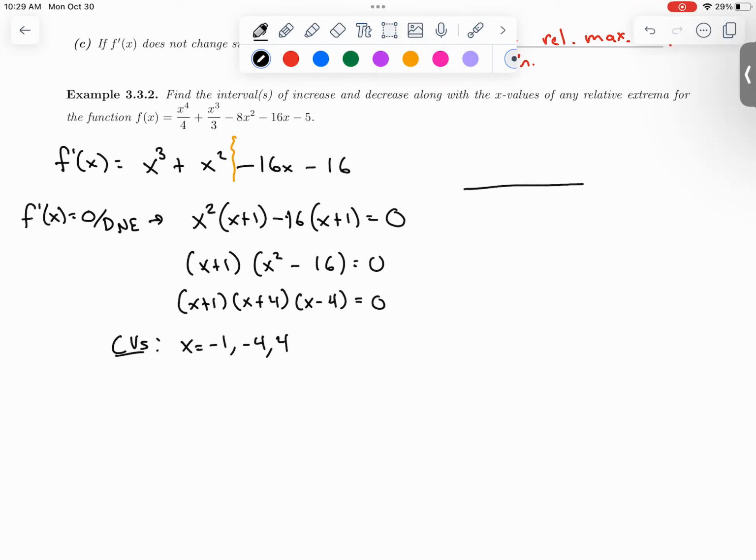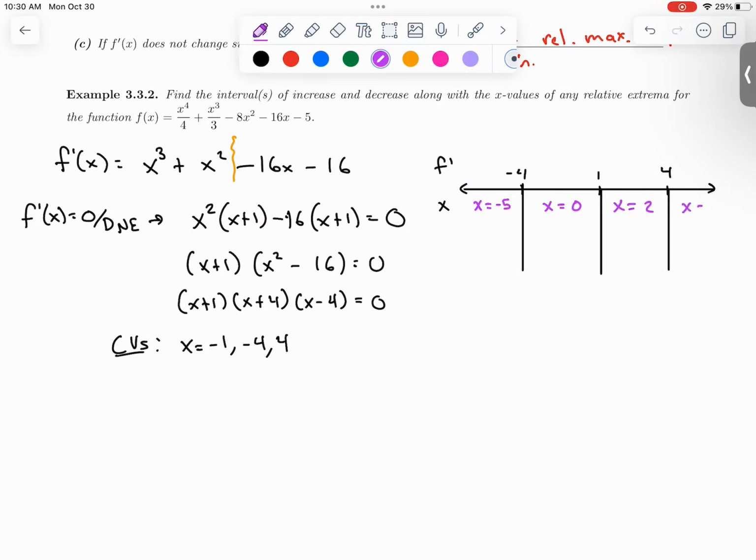So we make a sign chart then. So -4, 1, and 4. And then we put f prime up top, x down bottom, x equals, let's say -5, x equals 0, x equals 2 and x equals 5.